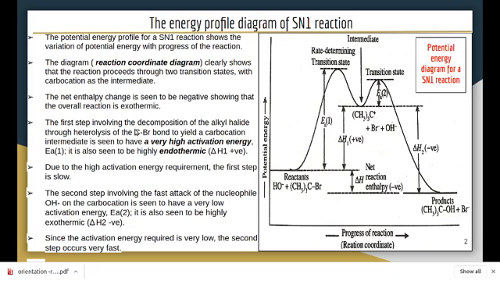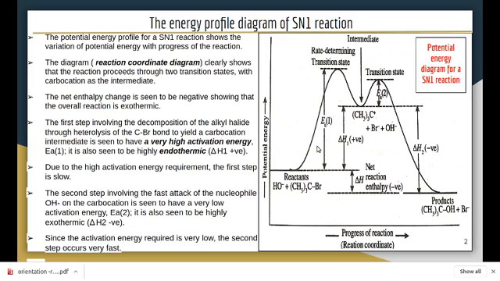The first step involves the decomposition of the alkyl halide through heterolysis of the C-Br bond to yield a carbocation. That we already discussed. The first step is the breaking of the C-Br bond and forming transition state 1. Then it will form a carbocation. It is seen to have a very high activation energy.